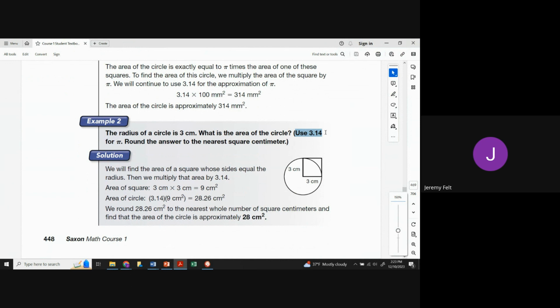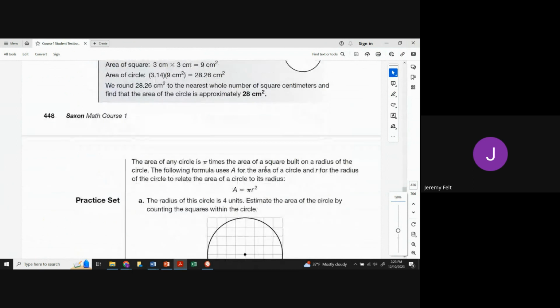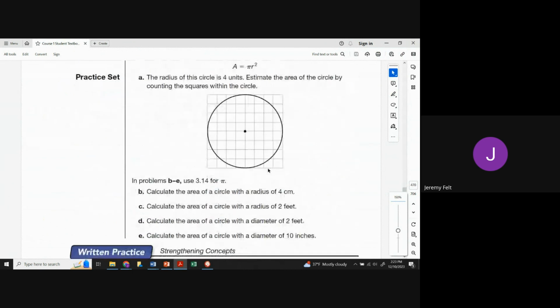And usually it gives that to you because the decimal is easier. If we're using 22/7, we're going to have something that'll cancel out with the 7, more than likely. So just use whatever form of pi it tells you to. And it's all a rounded form because it's a decimal that continues on forever.